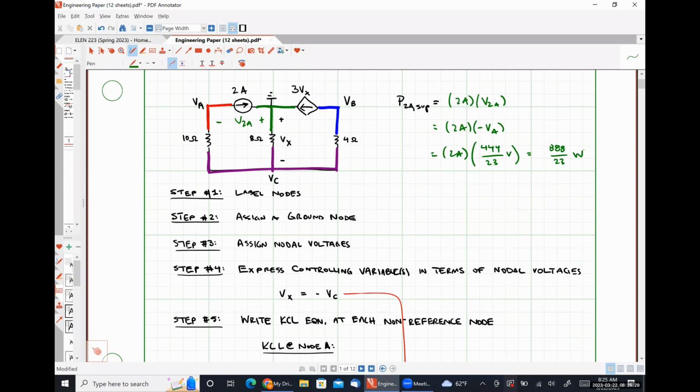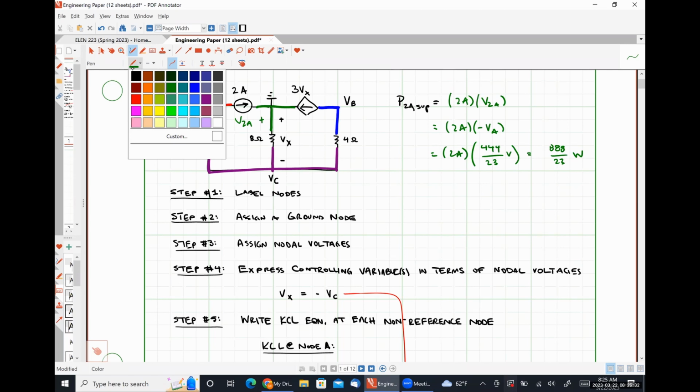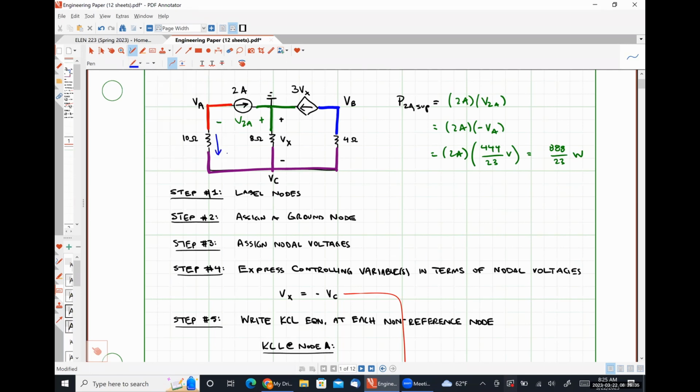What if I wanted to know the current through the 10 ohm resistor? Exactly right. VA minus VC over 10 ohms, which would come out to be whatever it comes out to be. Once we know the nodal voltages, we are one step away from figuring out literally any other quantity that we could be interested in.